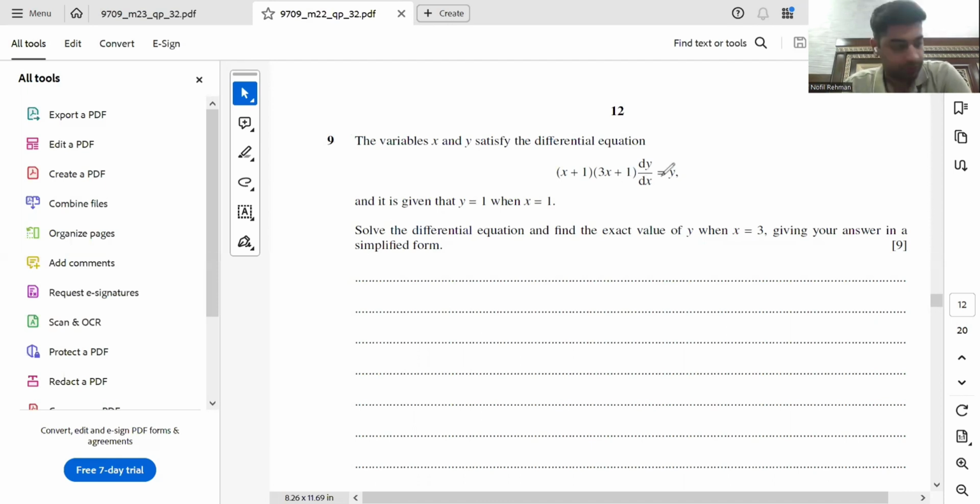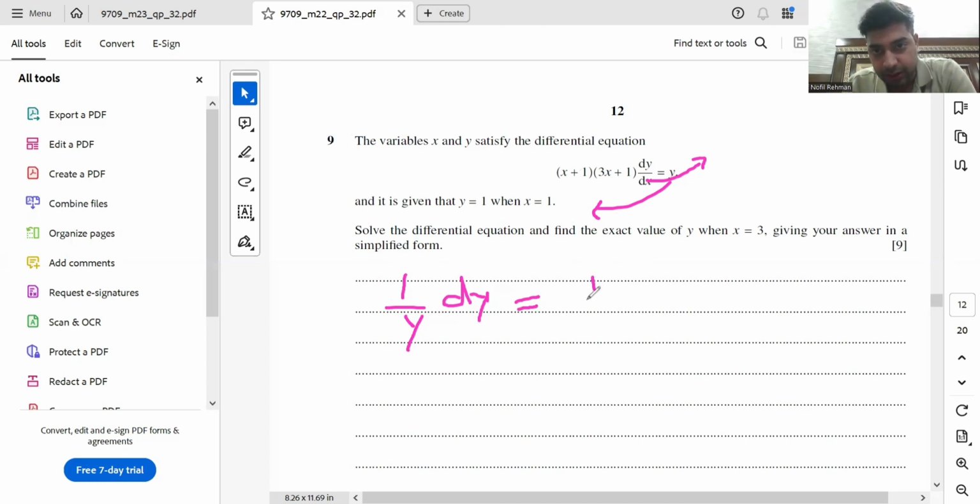At first we will start by using the method of separable variables, in which we move the terms of x on one side of the equation and the terms of y on the other side. So we move the y here and the x components here. dx is in the numerator, dy was here, and we move 1 over y here. Since it was y there, it would be divided here as we cross multiply.